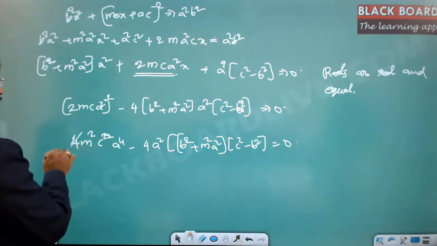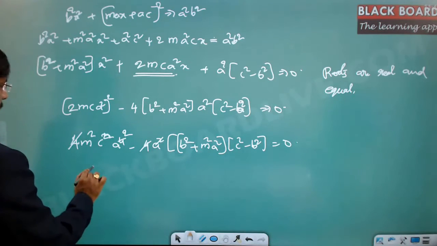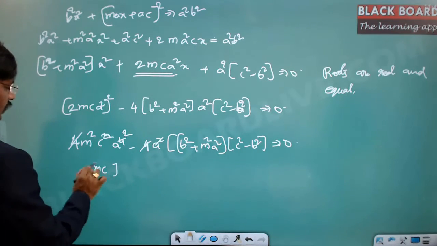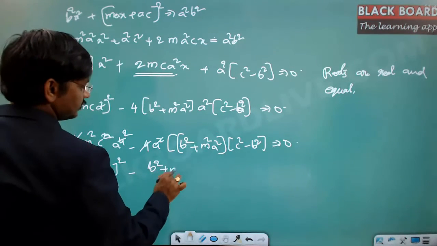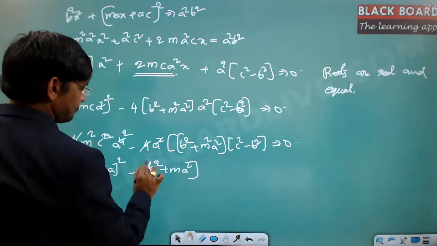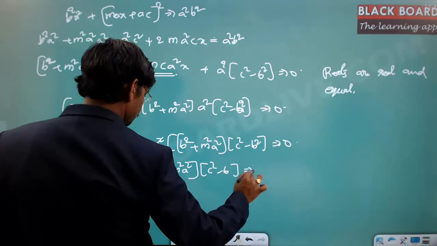The 4 a square will cancel out. So (mca) whole square minus (b square plus m square a square) into (c square minus b square) equal to 0.